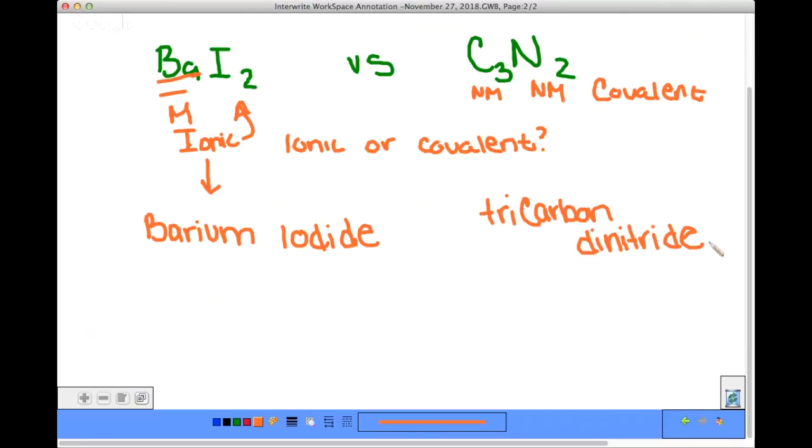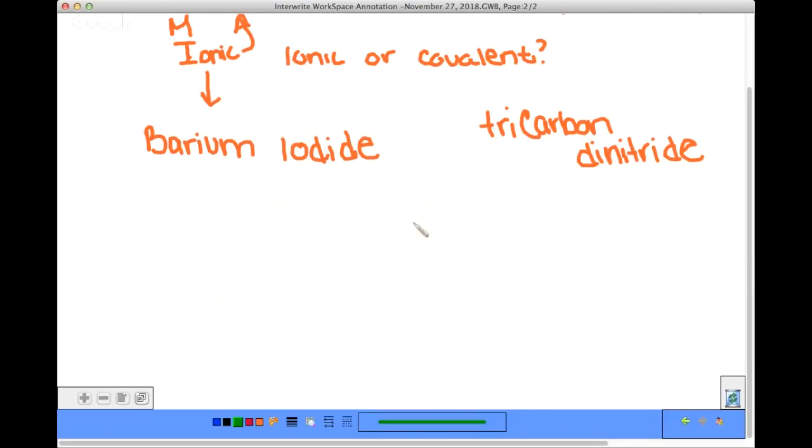Now, where naming becomes a little bit more complicated is when you are given the opposite, which you will be given on a test or a quiz. So let's say that you were given these 2 names.